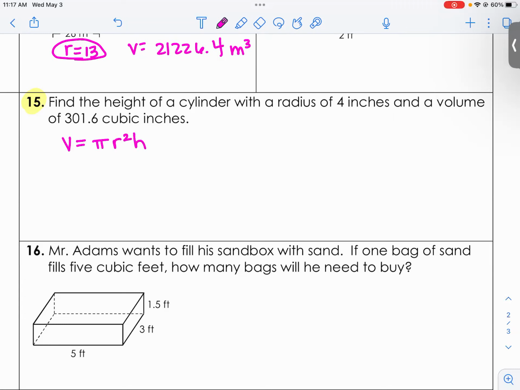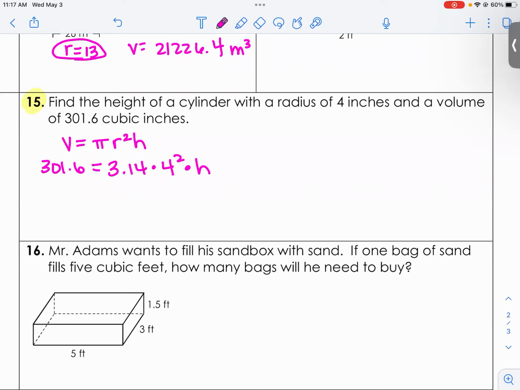So write this down, except if you're Quinlan and Jada. They got it. We know that the volume is 301.6. We know that pi is 3.14. And we know that our radius is 4. What should we do?